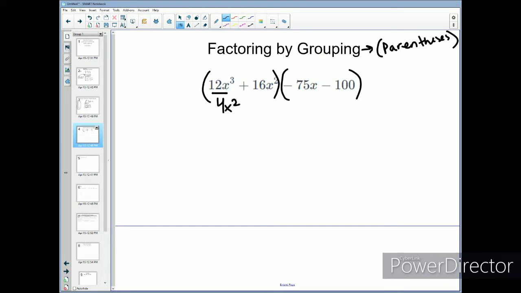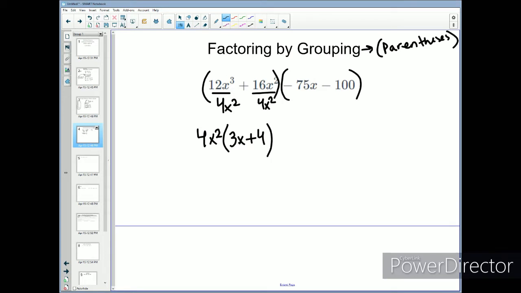All right, so 12x cubed and 16x squared can both be divided by 4x squared. We're going to rewrite this binomial as the product of the GCF and the remaining terms. So 12x cubed divided by 4x squared gives us 3x, and 16x squared divided by 4x squared just gives us 4. All right. And then we're just going to leave that for now.